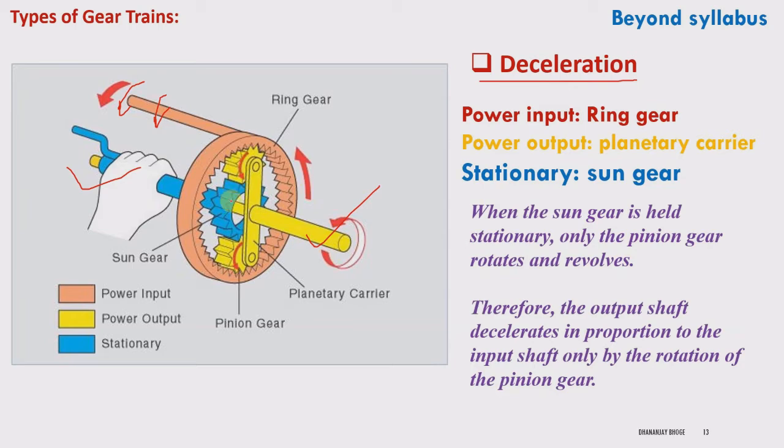And since the planet gear is in mesh with the fixed sun gear, it will move round the circumference of this fixed sun gear in the same direction. So the planet carrier will also rotate in the counterclockwise sense. But the output shaft will decelerate in proportion to the input shaft by the rotation of the pinion gear. So some motion of the input gear is lost in rotating the planet gear about its own axis.